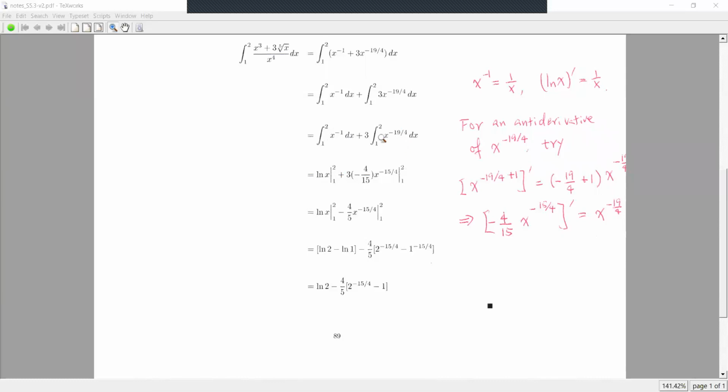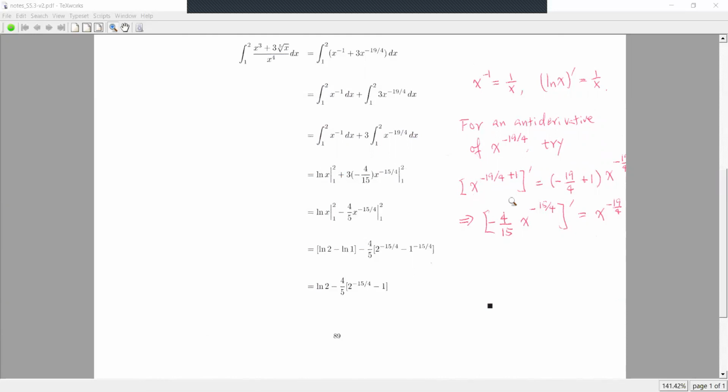Then what is the antiderivative of this function? This function, the power is complicated. To find an antiderivative of this function, let's try this function, power plus 1.